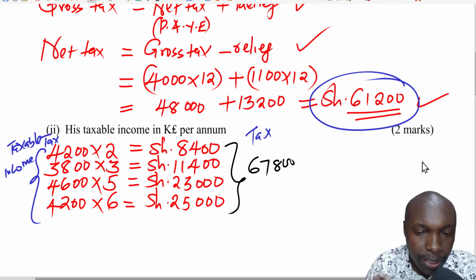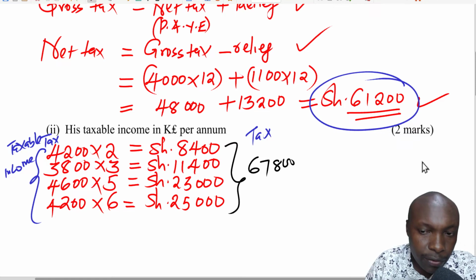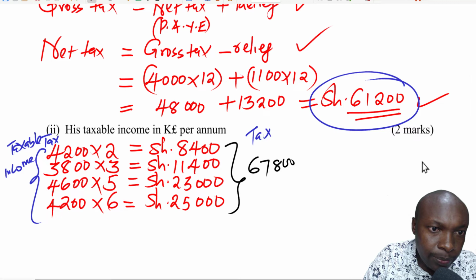We want to move backward and see the income that was taxed to give this tax. But if I go to the next slab, the fourth slab will exceed, since you have 67,800, but we need to tax 61,200. So that tells you there is something we need to get.